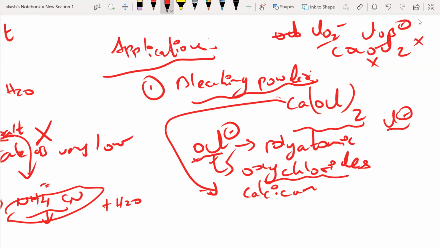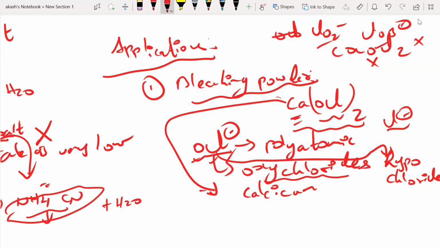Now, this particular ion is called hypochlorite. The exact name of this OCl minus is the hypochlorite ion. So the name of the salt you can easily predict now. Calcium is there, and I told you the name of the ion is hypochlorite.